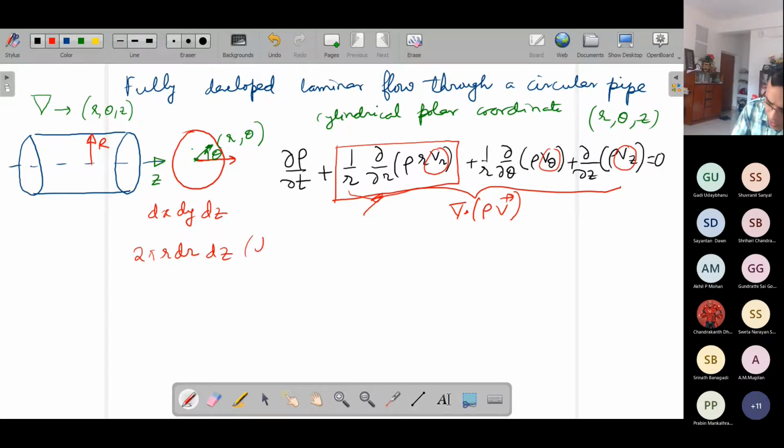This is if there is no theta dependence. This no theta dependence is something I want to highlight, because this term is actually not theta dependent. In the Navier-Stokes equation, all the terms you are essentially representing per unit volume, right?